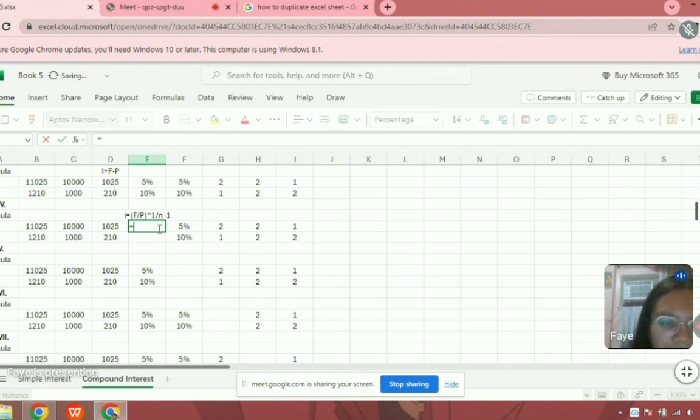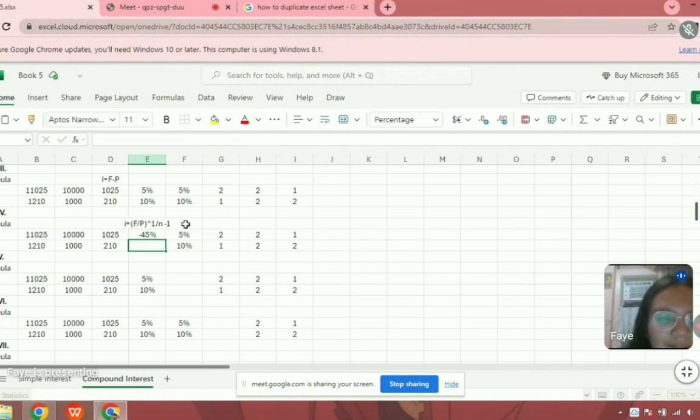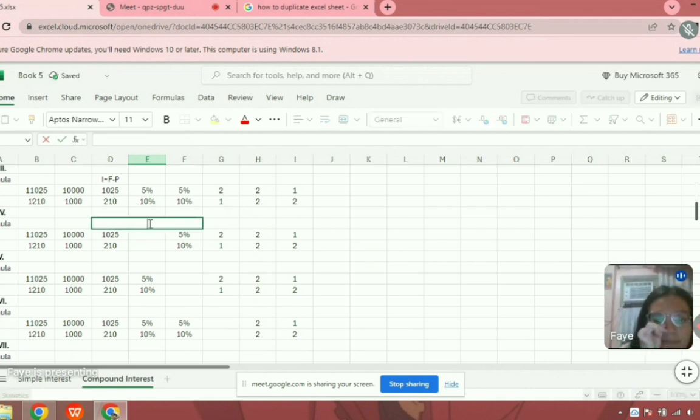We'll try this one. Equal to quantity F over P raised to 1 over n, and then minus 1. We'll see if we get 5%. Oh no, so this formula is not the right formula. We'll just stick with the formula given.